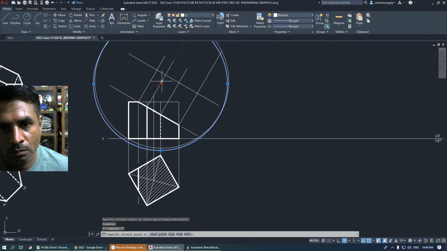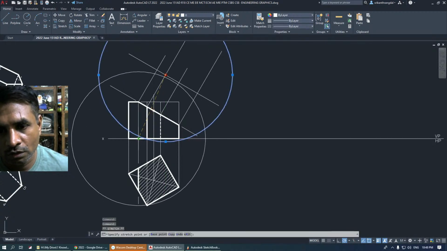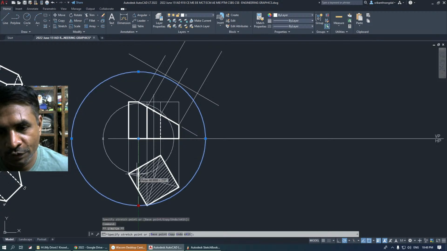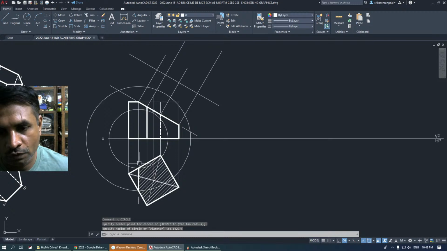So this up here, and over here got 2 points. This here, this. Both these measurements we need to transfer.